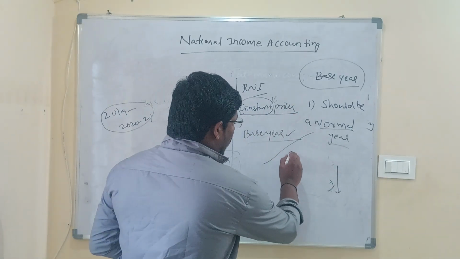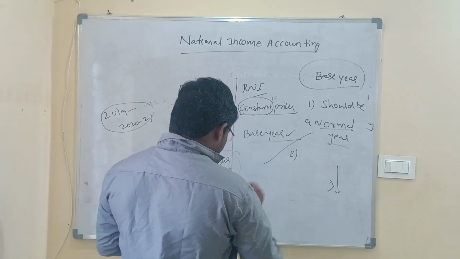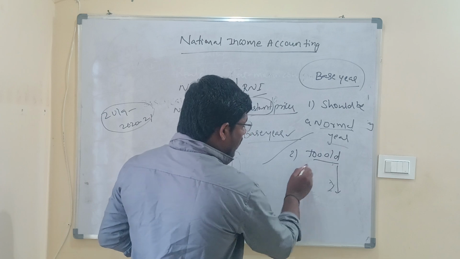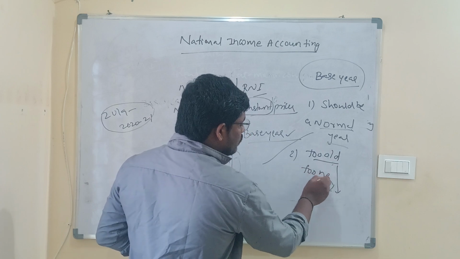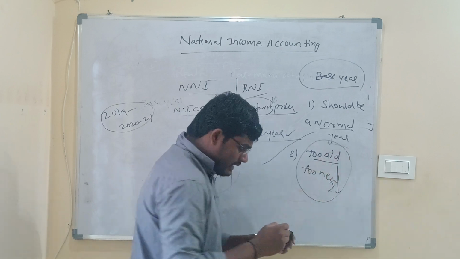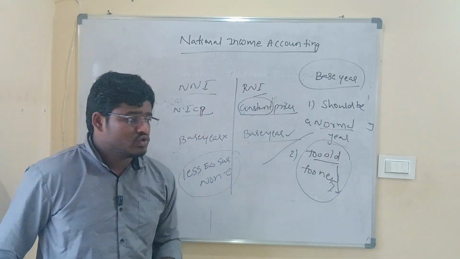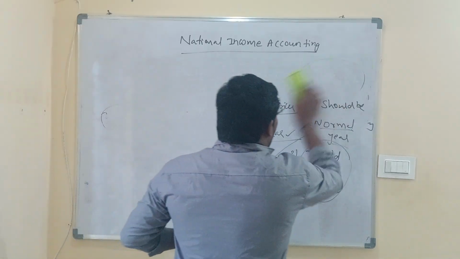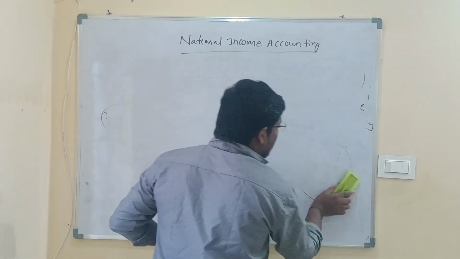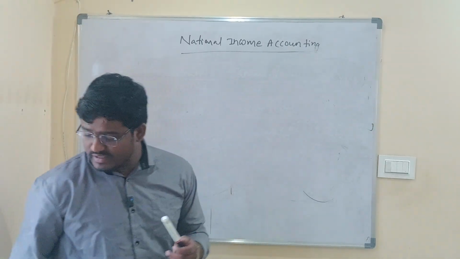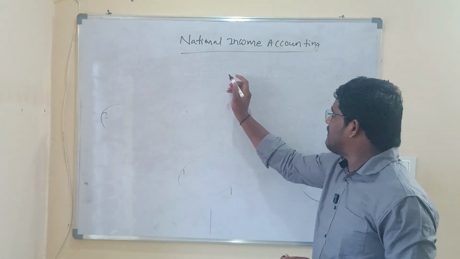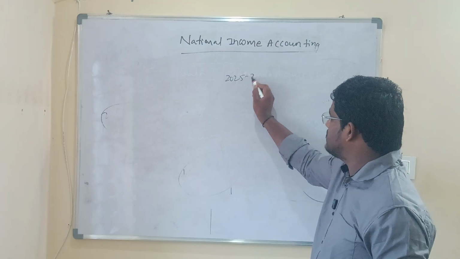And the second point which we have to keep in mind is that the base year should not be too old, or the base year should not be too new. Now what does it mean when I say base year should not be too old or too new? What if we select a base year which is too old or too new from the current year? Suppose this is our current year, 2025-26.